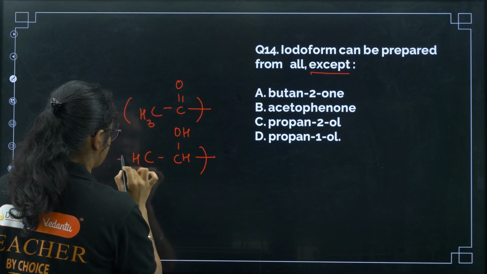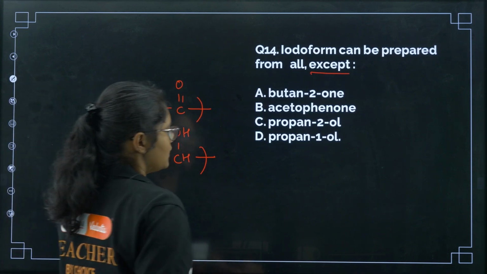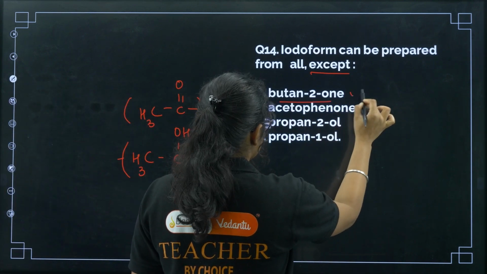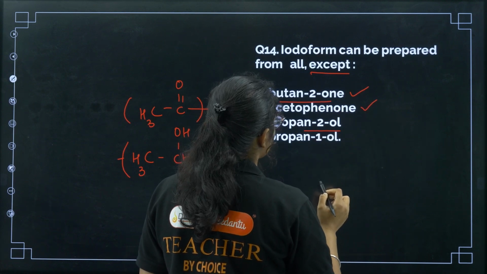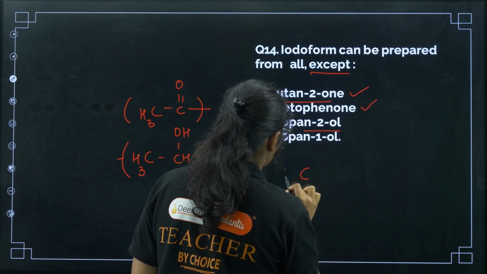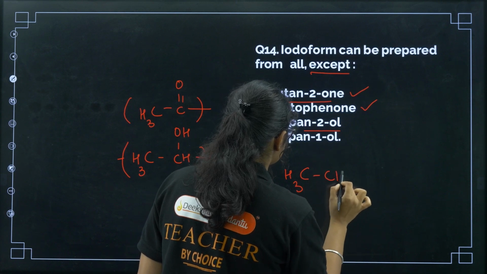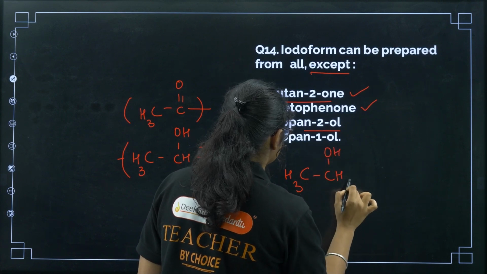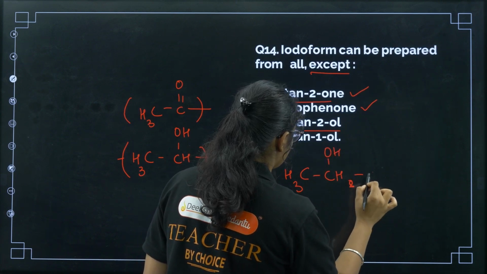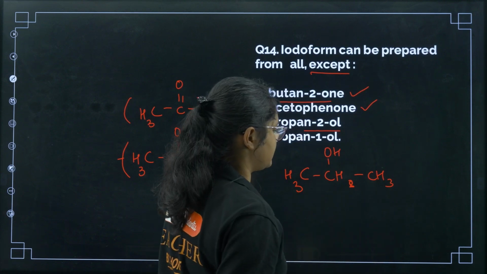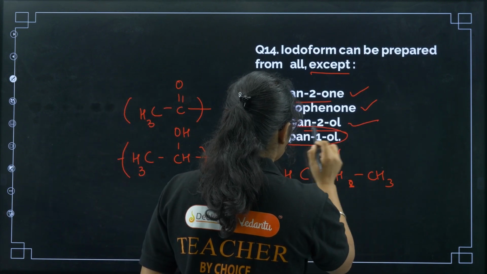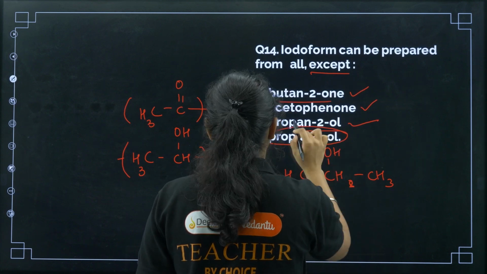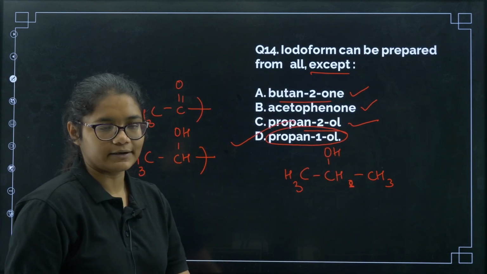Now if you see, butan-2-one has that, acetophenone has that, and propan-2-ol also has it, we have CH3 CHOH then CH3, right? So this group is also present, so this one will show the reaction. Now propan-1-ol will not show this reaction, so the correct answer is option number D here.